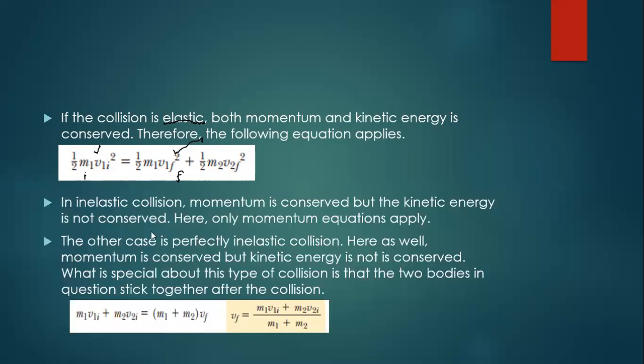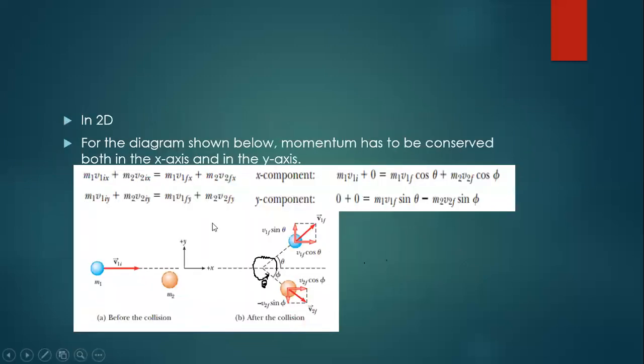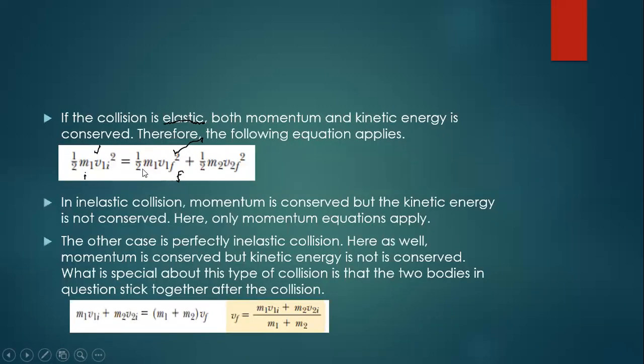Okay. So where we are coming from is this diagram. What we are talking about is with respect to this diagram. One object is at rest, another object is moving. So when an object is moving and another object is at rest, if the collision is elastic, we have to make sure that momentum is conserved.